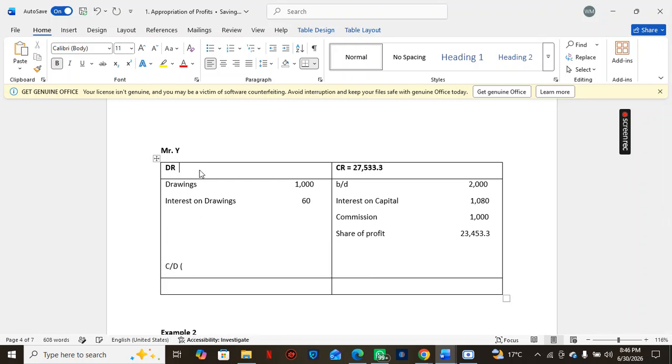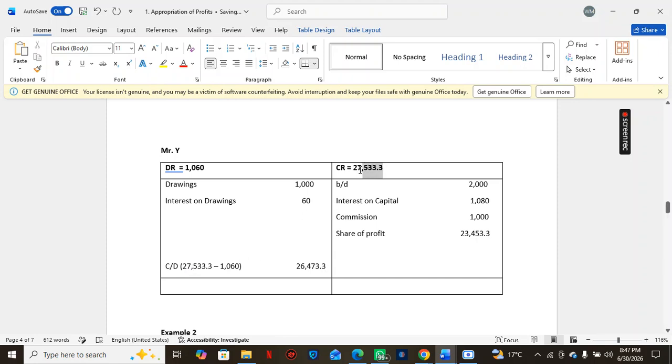The debit side is just 1,060. So the balance carried down always comes on the lower side, which is the debit side in this case. So 27,533.3 minus 1,060. We get 26,473.3. All right.